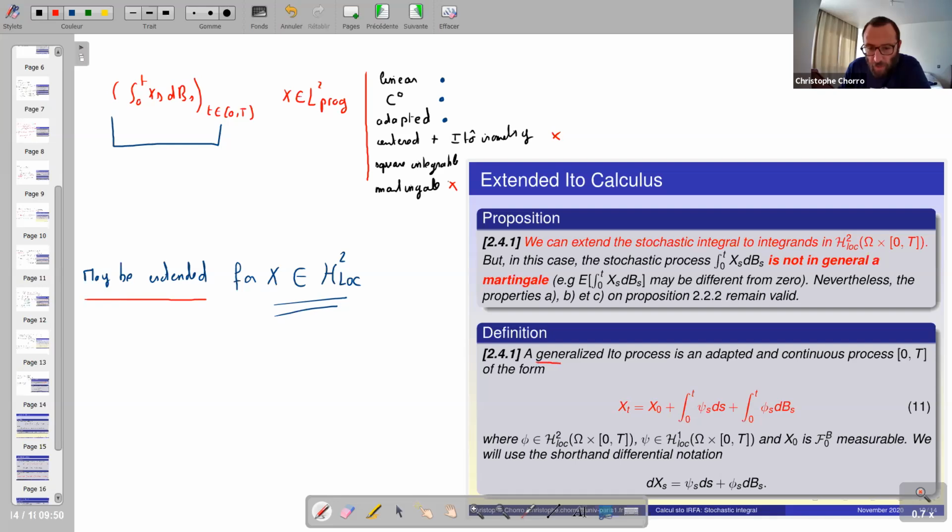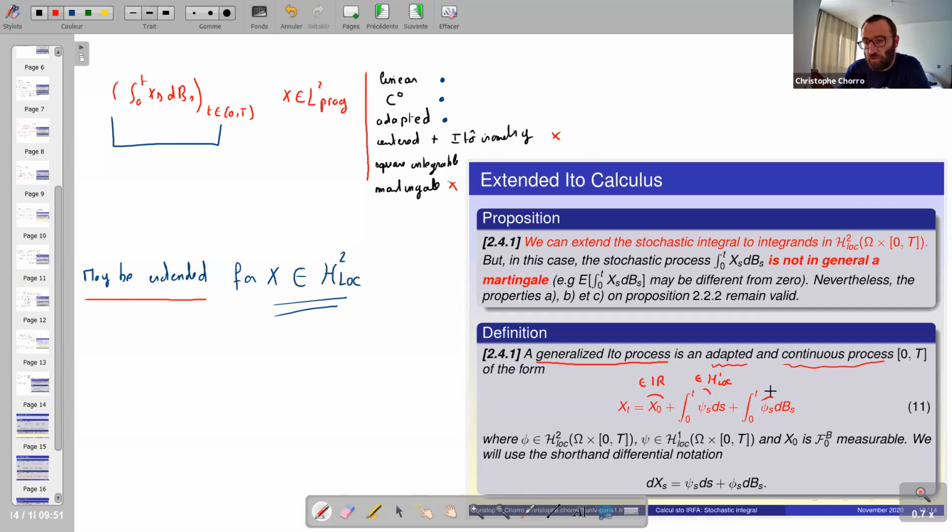What I will call a generalized Ito process will be something that is adapted and continuous, and that fulfills this decomposition with this one that is a number. And I have here a Riemann integral and a stochastic integral. For my Riemann integral, the minimal hypothesis will be to be in H1 loc.